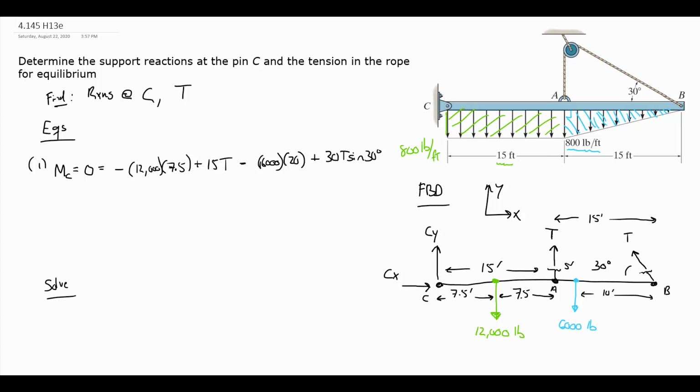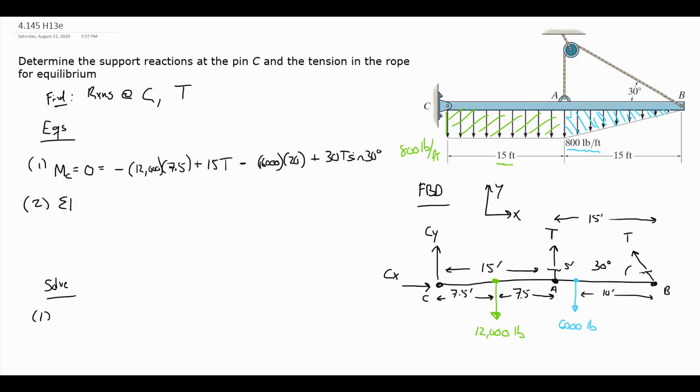All right, so from equation 1, I will be able to solve for T. I'll save that for the solve step, but it is solvable right away if I so choose, but I'll hold off just a minute. Now I can go to equation 2. I have force equations left, so I will do those in the meantime.